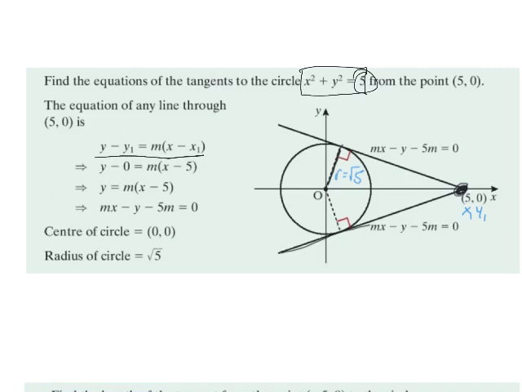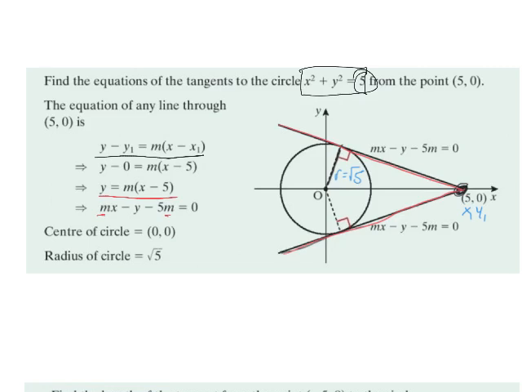That is just our equation of the line through the point 5, 0 if we don't know m. We just leave m in as is because we don't know it yet. Okay, and that would be the equation of these two tangents.